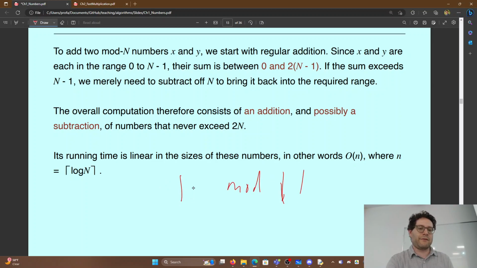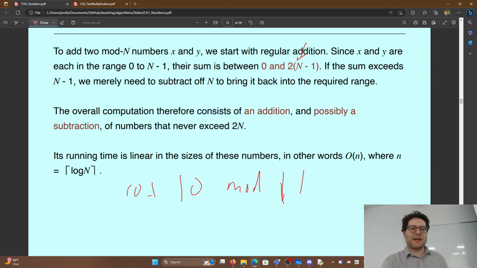If we're working in mod 11, the two biggest numbers we can add that have any kind of meaning are 10 and 10, and that would generate 20. So it's going to be between 0 and 2 times 11 minus 1, which is 20.